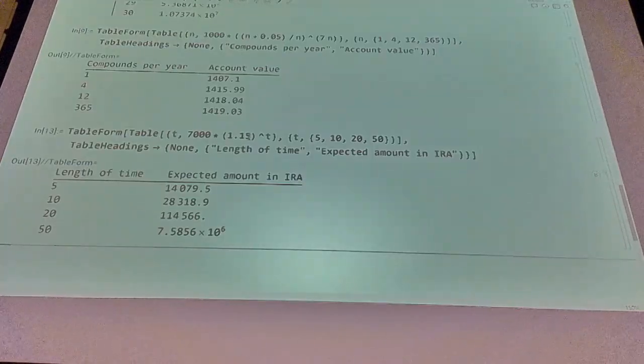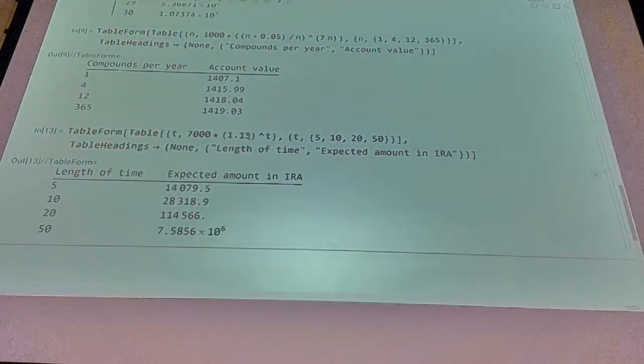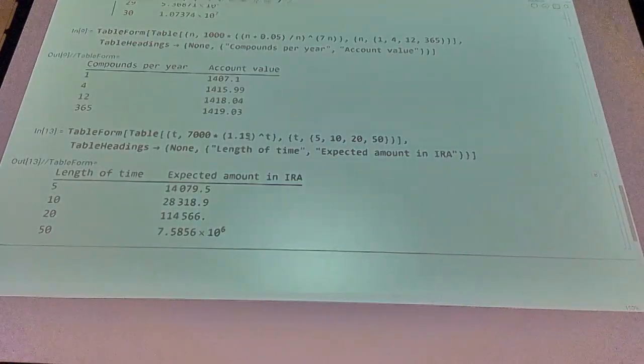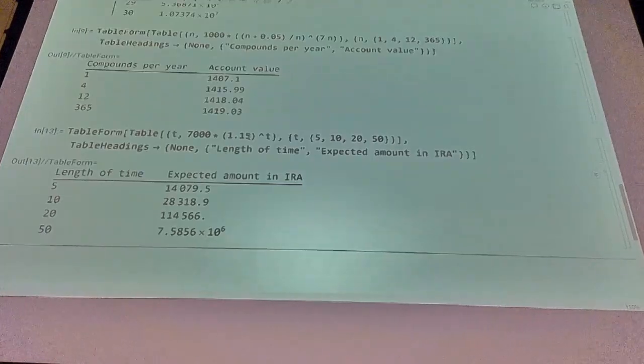Where did I pull 50 from? Assuming that you're 18 years old, average age of a freshman. That's what you're expected to do. You scrounge up $7,000 and you just toss it into an IRA and you don't touch it. By retirement age of 68, at 15%, $7.5 million in retirement.